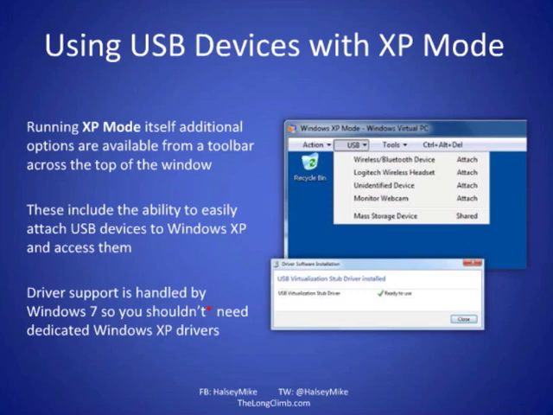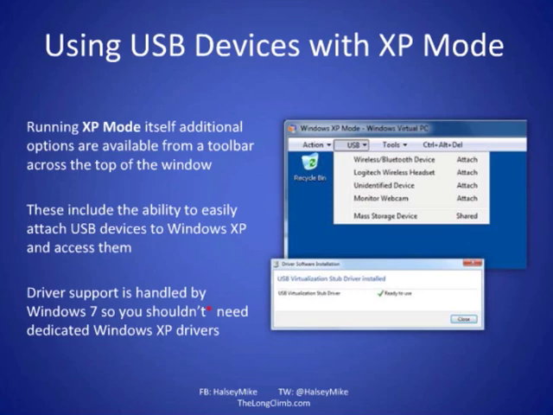And also, when it comes to using USB devices with XP mode, it's not this Type 0 hypervisor I've mentioned, where it automatically has access to all of your hardware. It's still a sort of upgrade on the fully virtualized Virtual PC, but there is a USB menu at the top of the Windows XP desktop window.